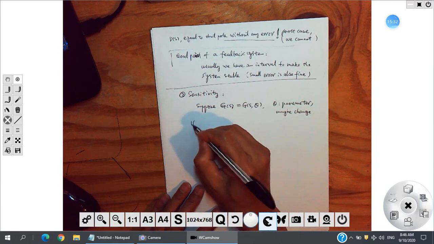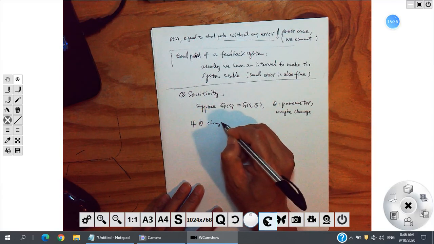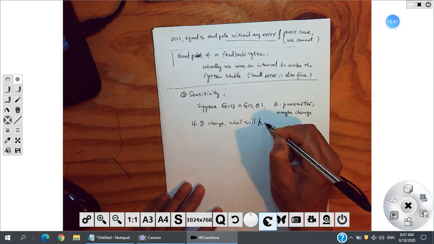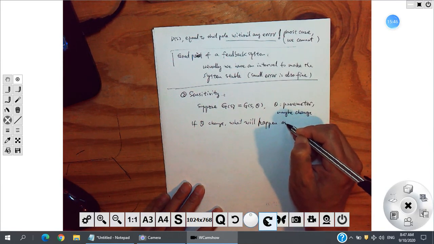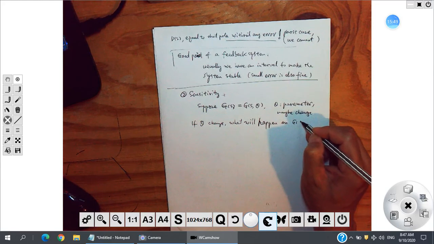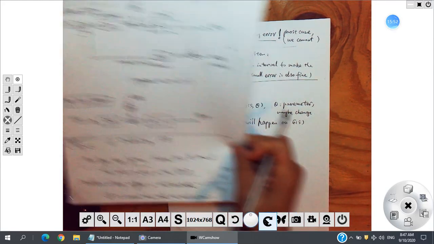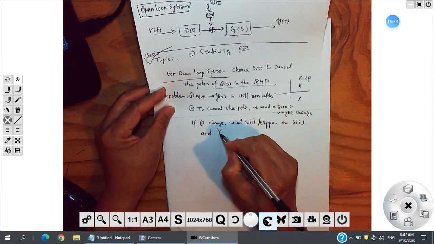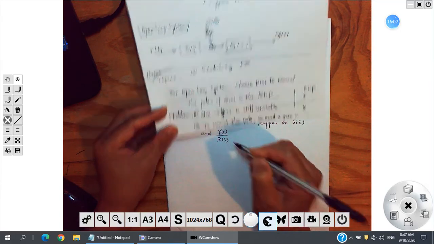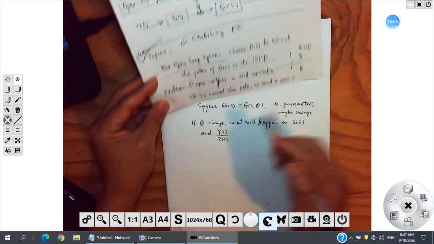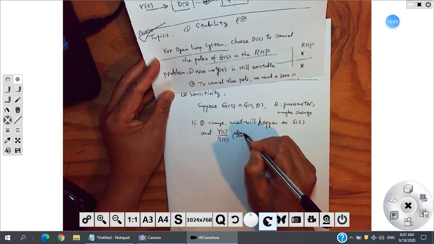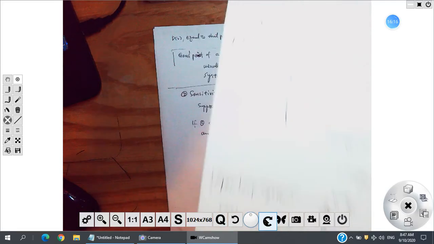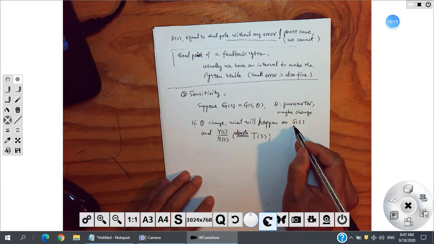If theta changes, what will happen on G(s) and on the overall transfer function Y(s) over R(s)? I denote the overall transfer function as T(s). So what will happen on G(s) and T(s)?